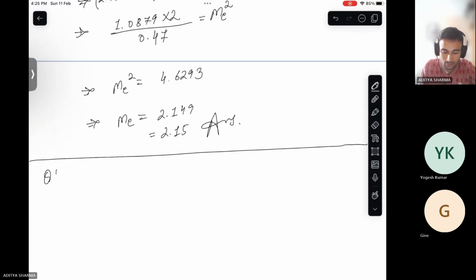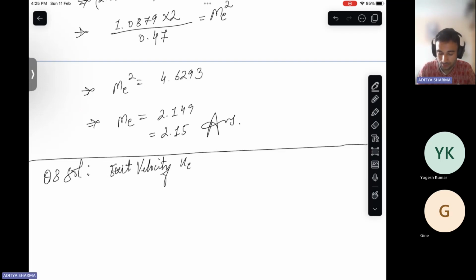So, question number 7, solution. We want this exit velocity, UE.